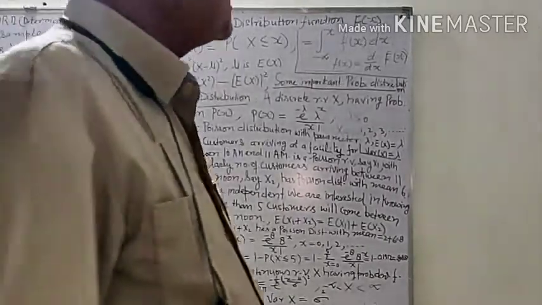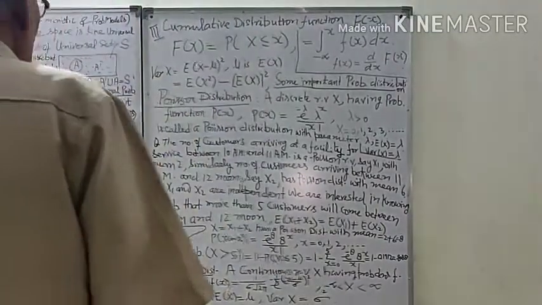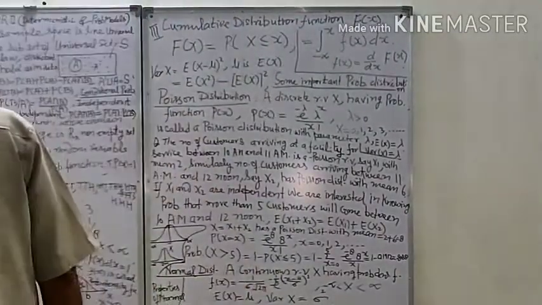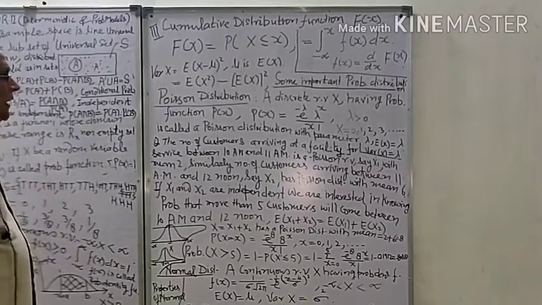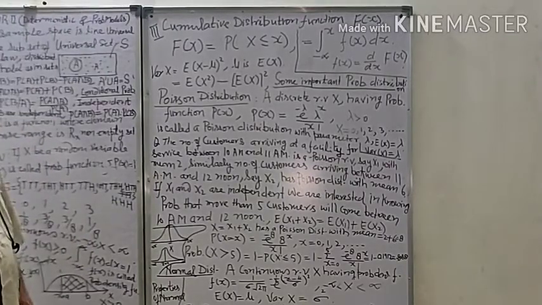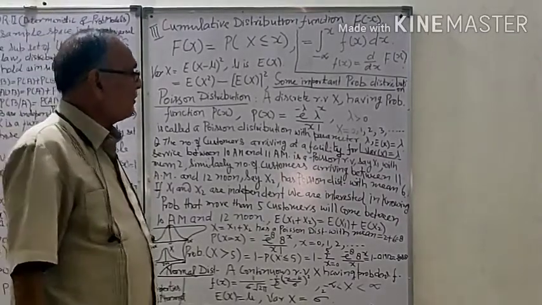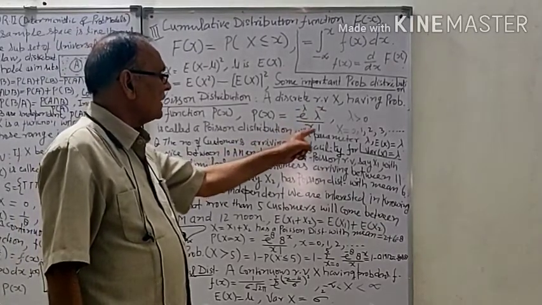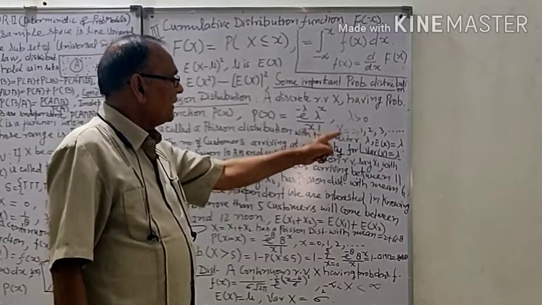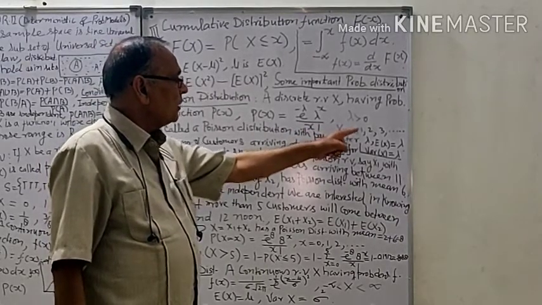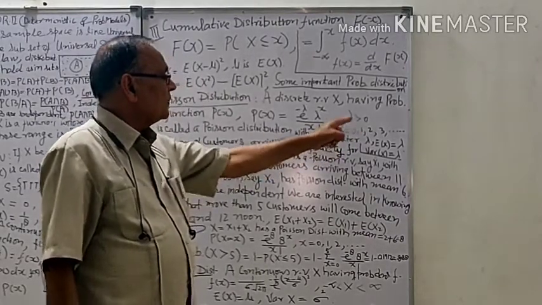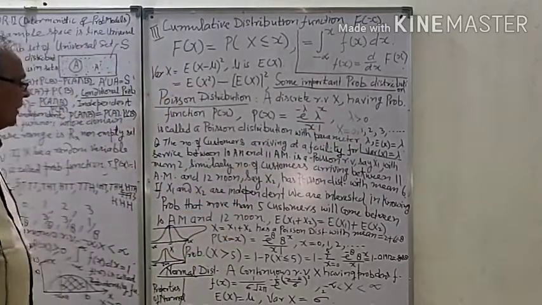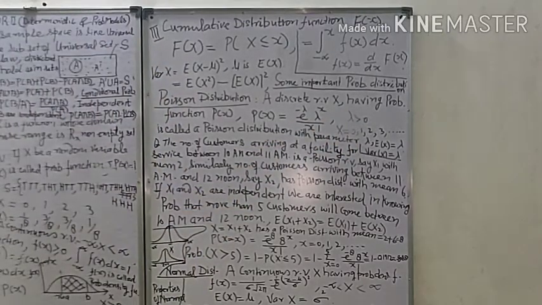A discrete random variable having probability function Px is equal to e to the power minus lambda, lambda to the power x over x factorial, where x is equal to 0, 1, 2, 3, and lambda is greater than 0.